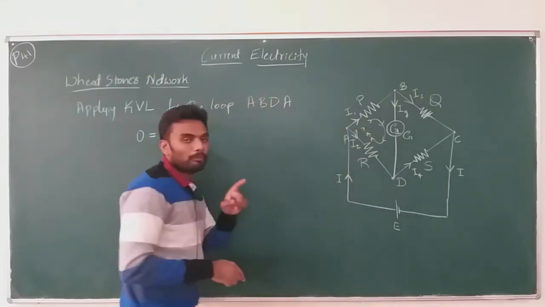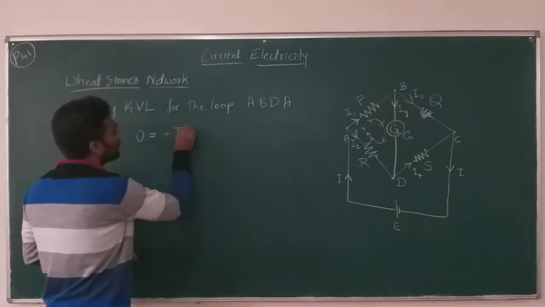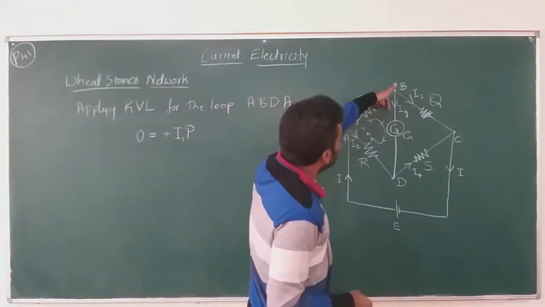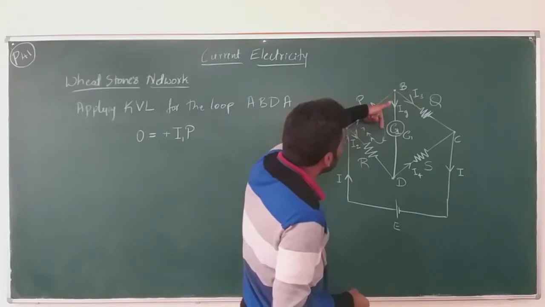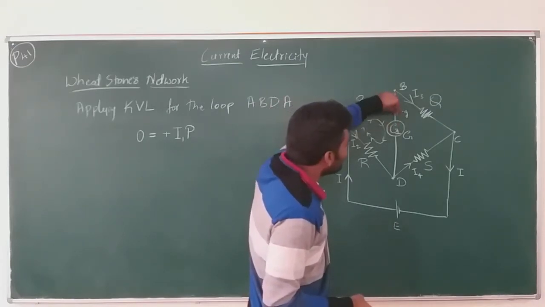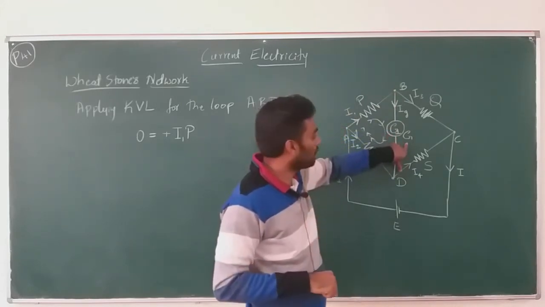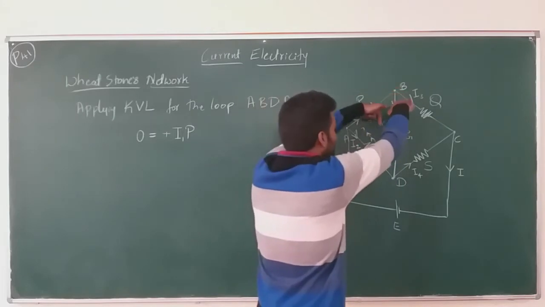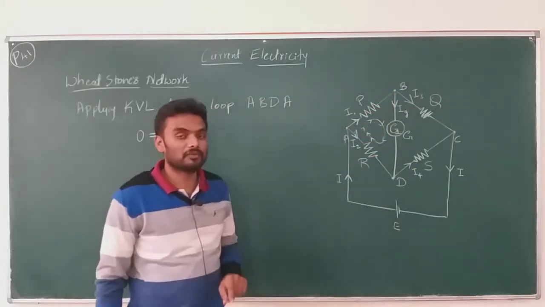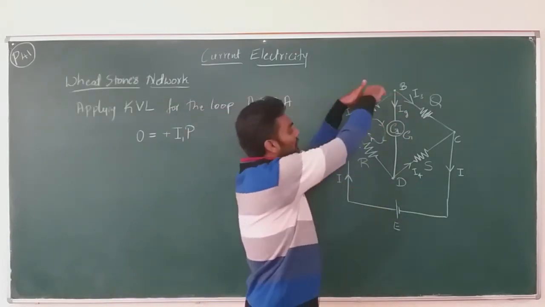So, it is plus I1P. Now, moving ahead, look at this, Ig and the direction of traversal are one and the same. I have considered G itself as the resistance of the galvanometer, and hence it is IgG, positive IgG or negative IgG? It is positive IgG. Why? Because Ig is in the same direction as the direction of traversal.